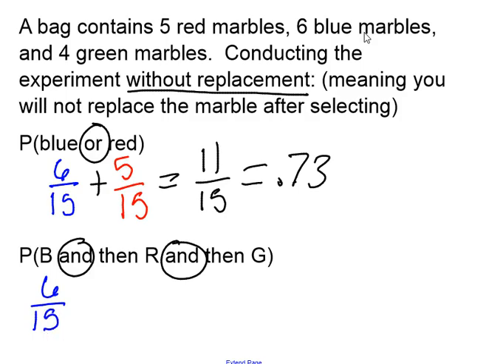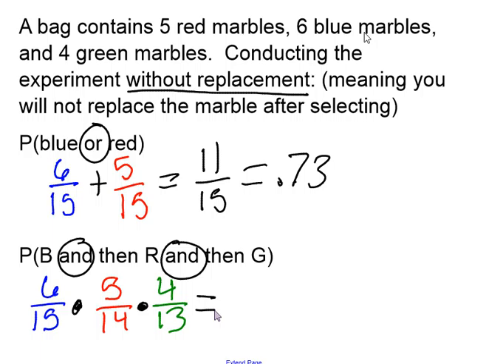Our red marble, once I've taken 1 blue marble out of the bag and I have not replaced it, there are 5 remaining red marbles that are a possibility, but they're no longer out of 15 in the bag because I didn't put that first marble back in. That would be out of 14. And the green marbles are still 4, but I have now taken 2 marbles out, so it's out of 13 marbles. Key word here is and, so I am multiplying each of these probabilities to come up with my answer.